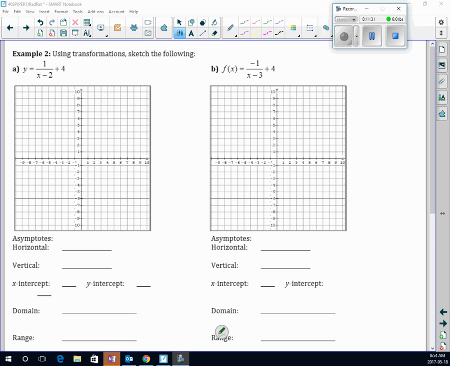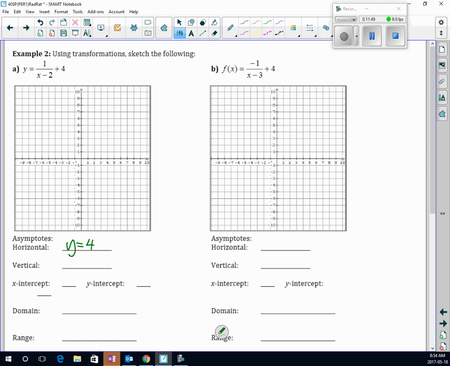Here is our new graph we're going to do: 1 over x minus 2 plus 4. Can anybody tell me what the horizontal asymptote would be? We don't just say 4, we say y equals 4.